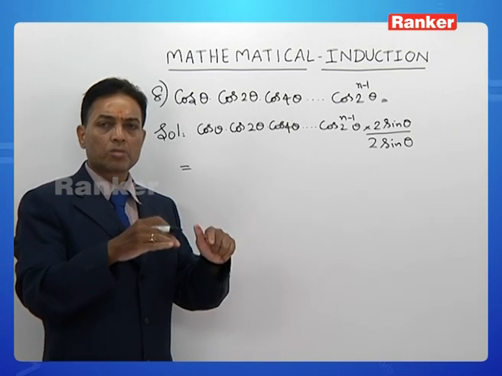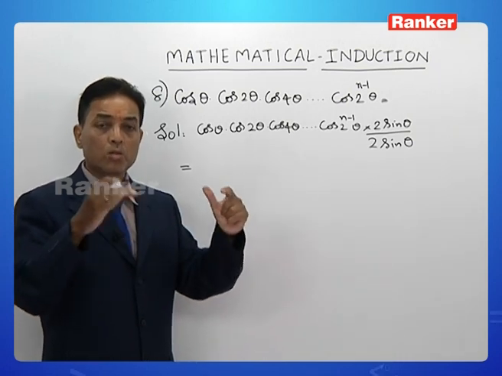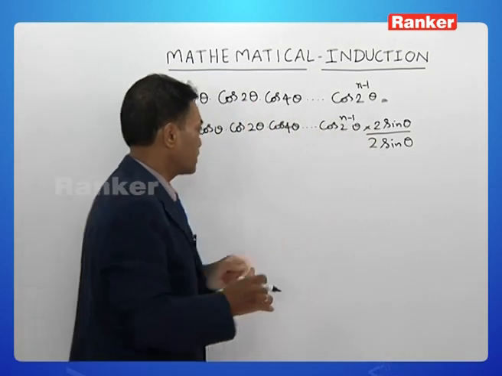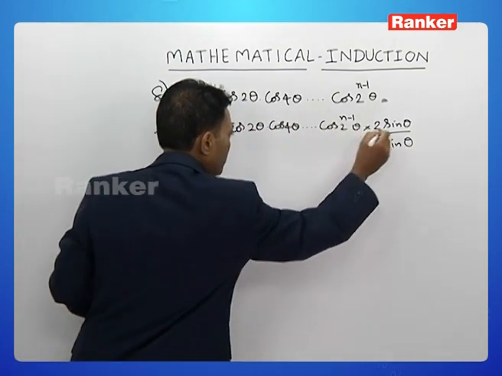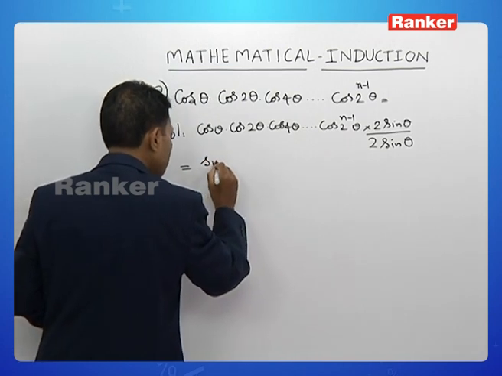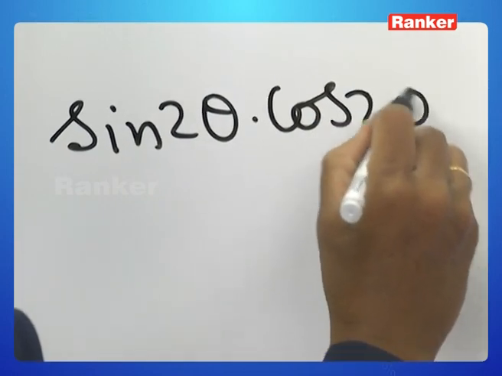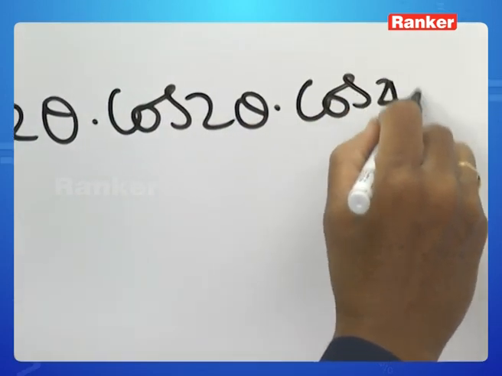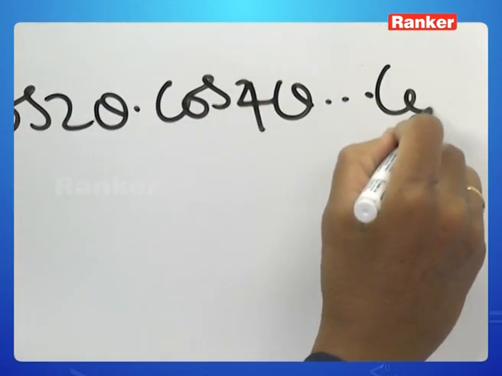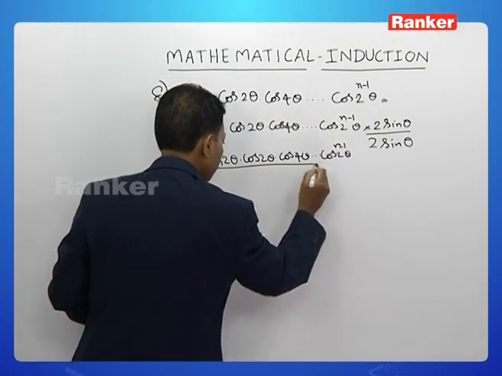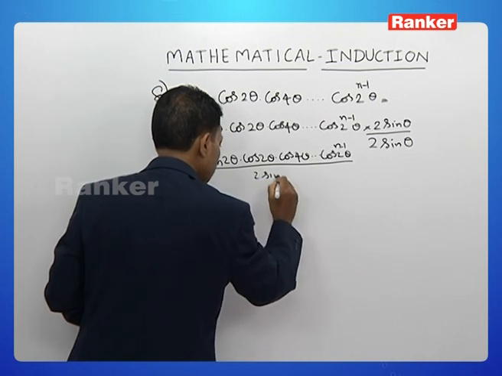So I am multiplying and dividing by 2 sin theta. Now cos theta into 2 sin theta becomes sin 2 theta. The remaining terms are the same up to 2 power n minus 1, divided by 2 sin theta.